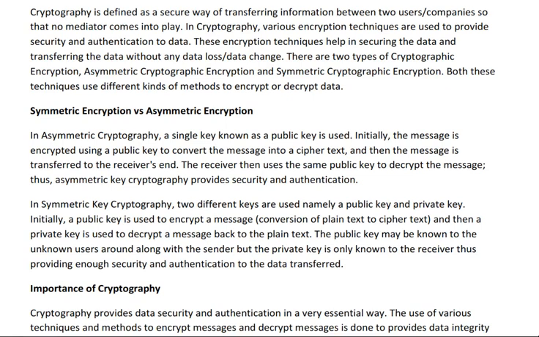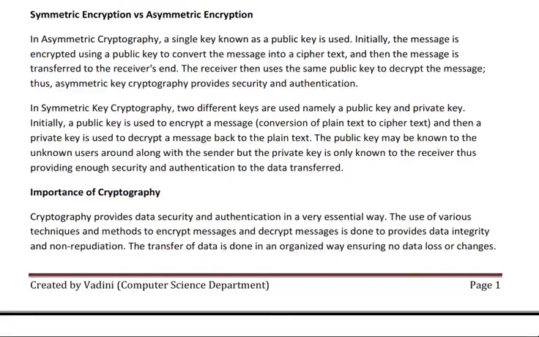The public key is also known to unknown users around the sender, but the private key is only with the receiver, thus providing enough security and authentication to the data transfers. It is important to provide data security and authentication, and encrypting and decrypting the message is also done to provide data integrity and non-repudiation.